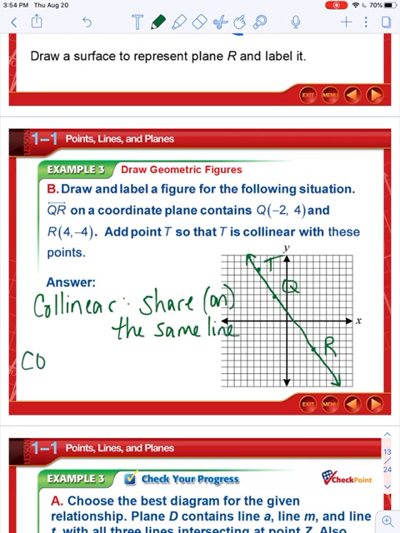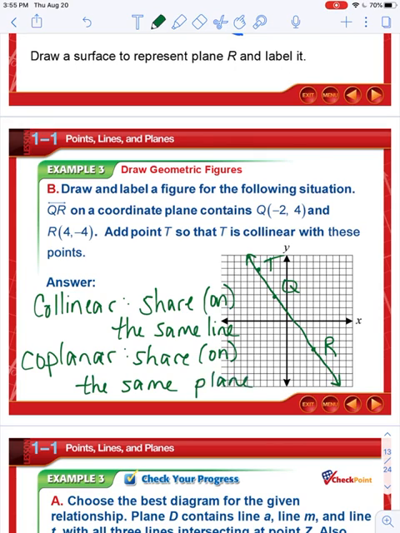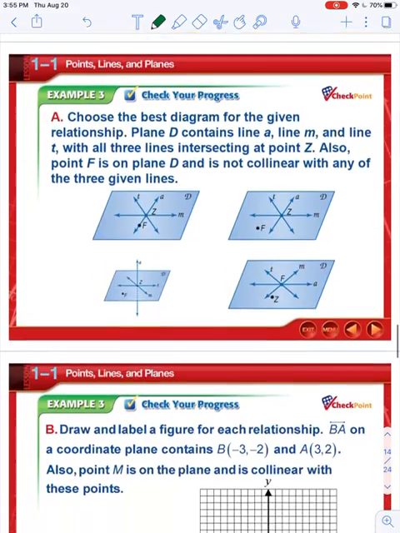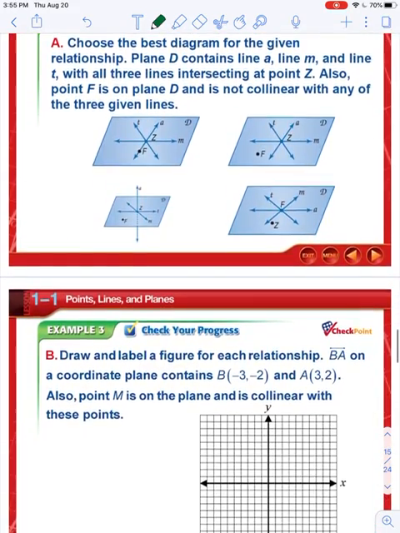And coplanar means they share the same plane or are on the same plane. Okay? I'll let you guys look at these next two. Pause. Figure them out.